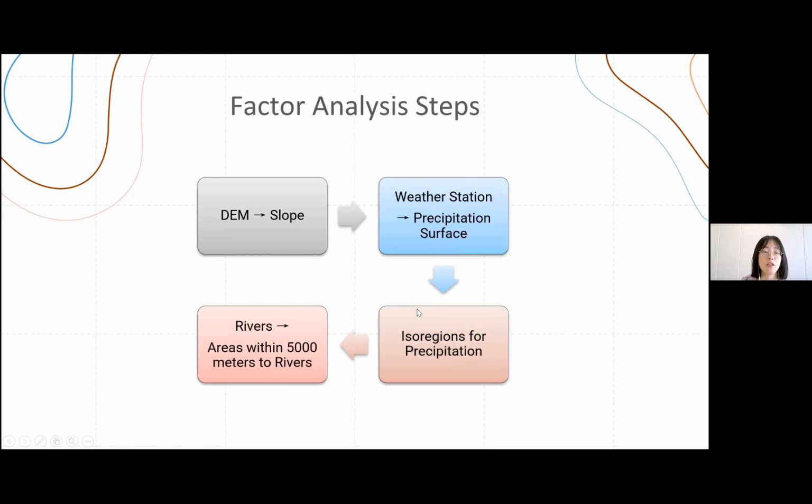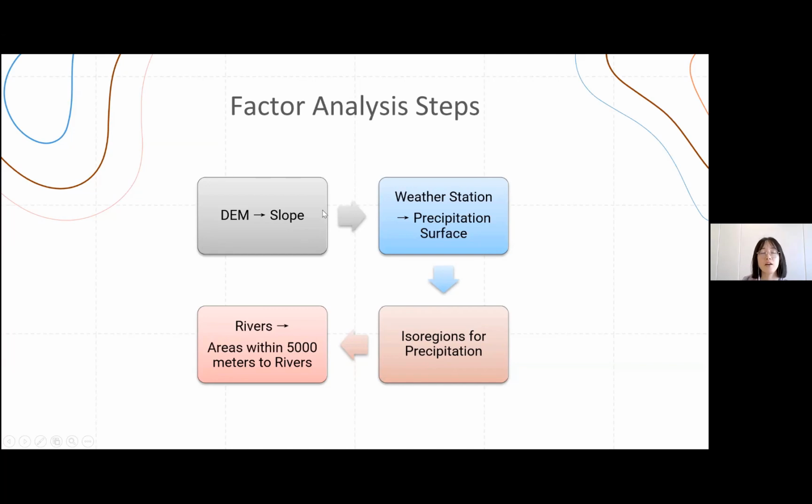And then finally, we can use our two data sets for rivers to find out areas that are within 5,000 meters of those rivers, and then use them for further analysis. And so now let's extract those information one by one.